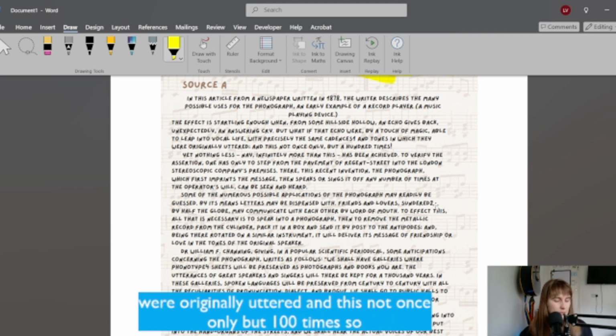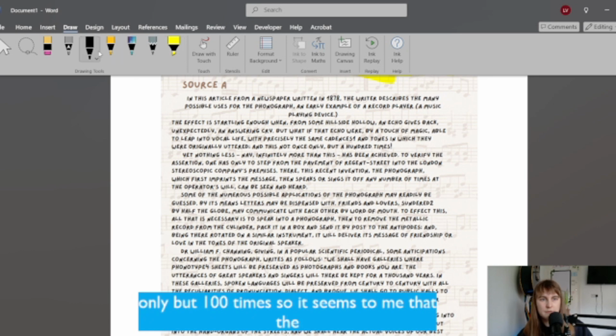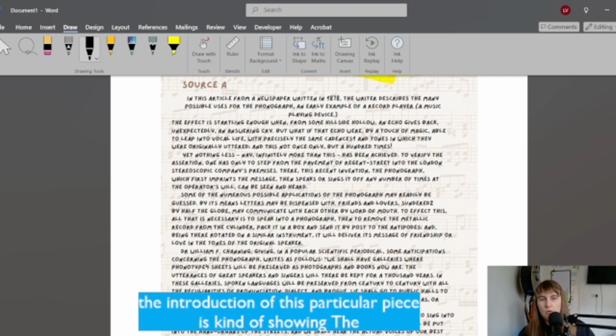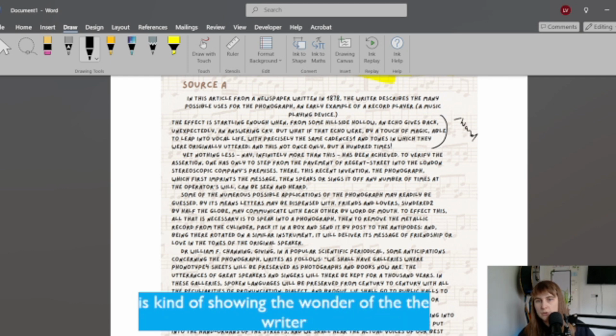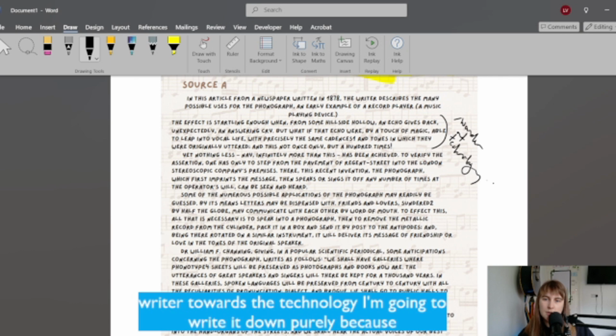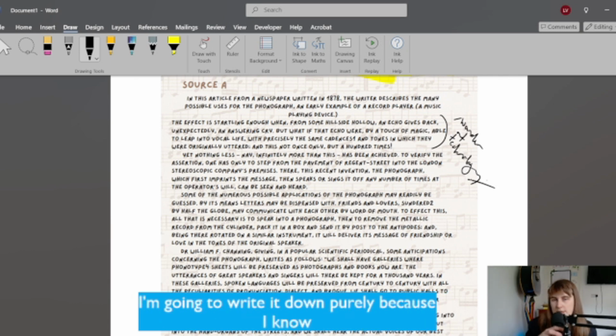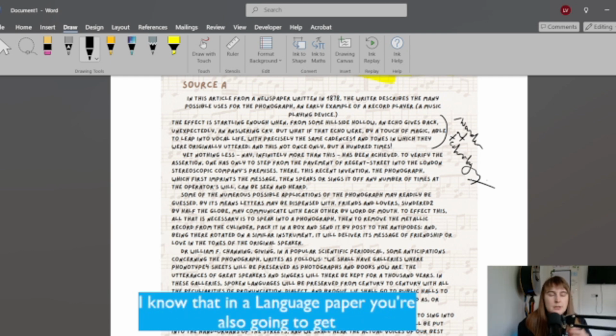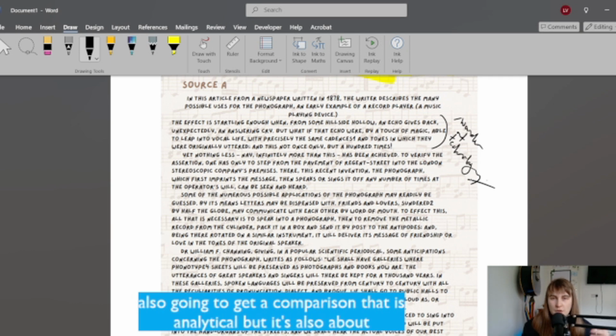So it seems to me that the introduction of this particular piece is showing the wonder of the writer towards the technology. I'm going to write it down purely because I know that in a language paper you're also going to get a comparison that is analytical, but it's also about writers' viewpoints.